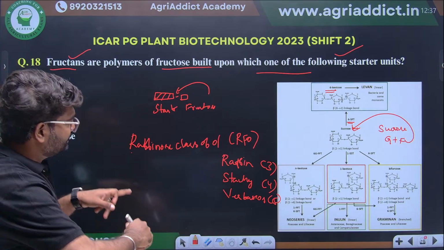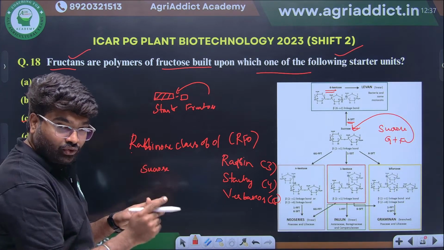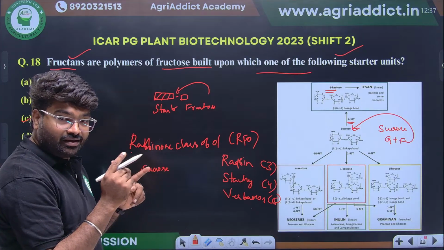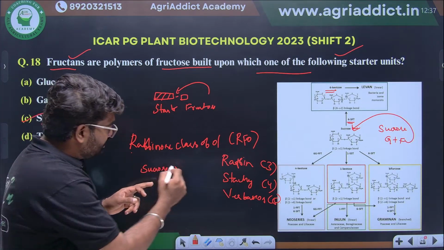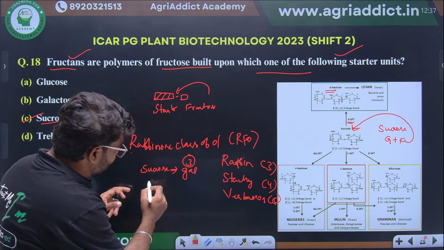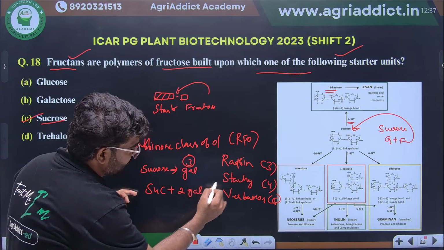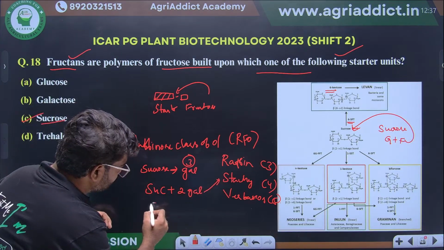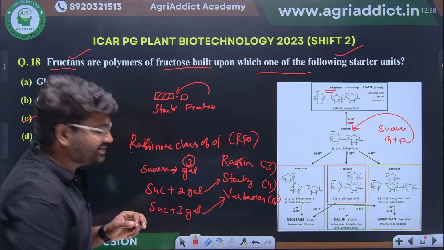Here also the starting molecule will be sucrose. The most important thing is this will be linked with galactose molecules. So the third sugar will be galactose. Clear? Sucrose plus 2 molecules of galactose is stachyose. Sucrose plus 3 molecules of galactose is verbascose.